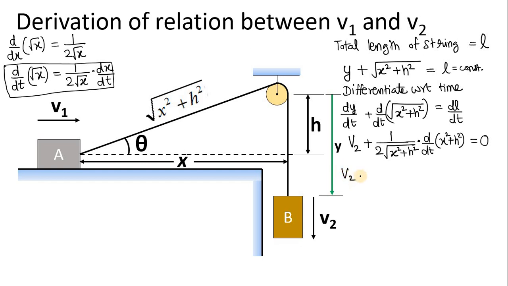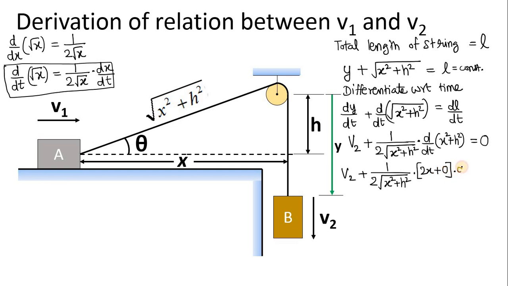Let's continue. Furthermore, we'll get here 1 divided by 2 root of x square plus h square, which will be as it is. Differentiation of x square plus h square: differentiation of x square would be equal to 2x and that of h square will be 0 because h is a constant.